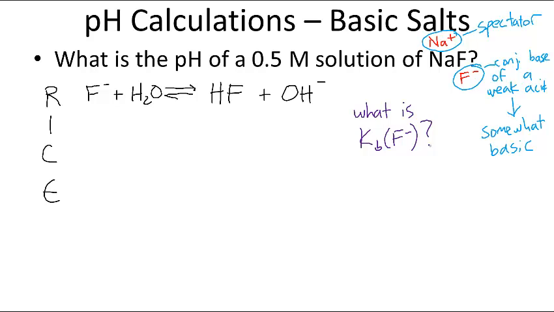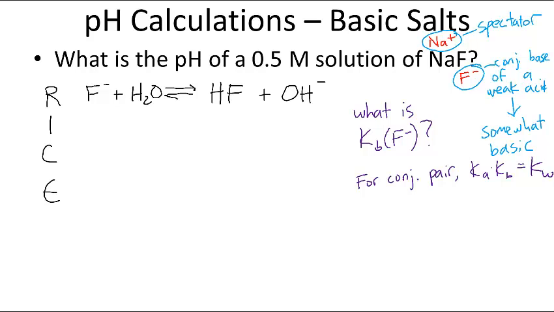Well, look at everything on the Kb list. They're all neutral, right? So that's a list of neutral bases. If I want the Kb of a negative base, what I really should look up is the Ka of its conjugate acid. So remember, for a conjugate pair, Ka times Kb equals Kw.